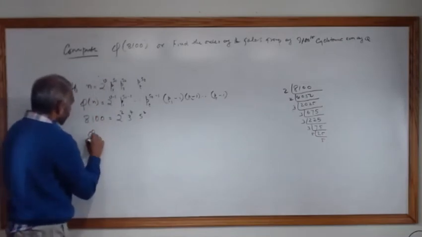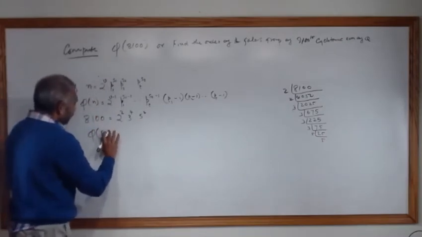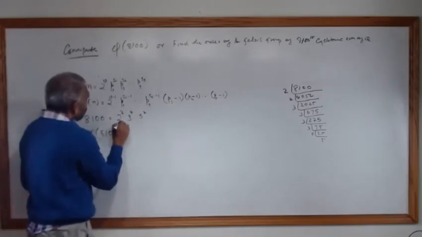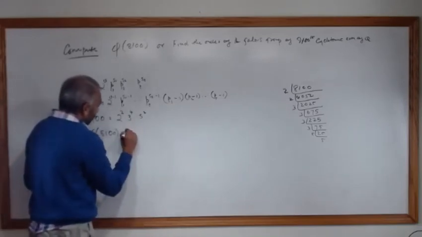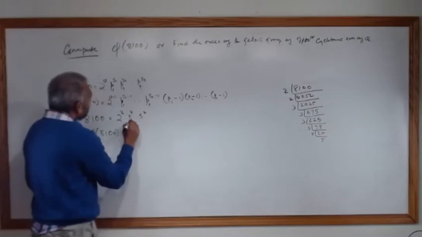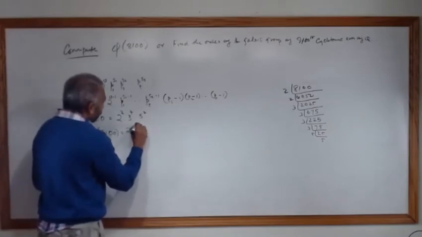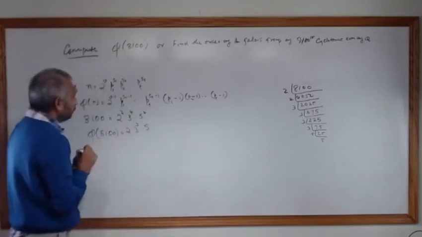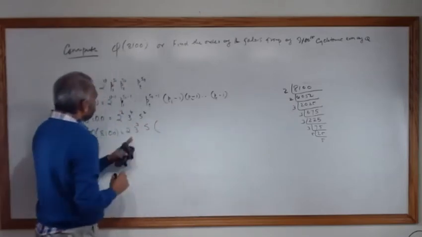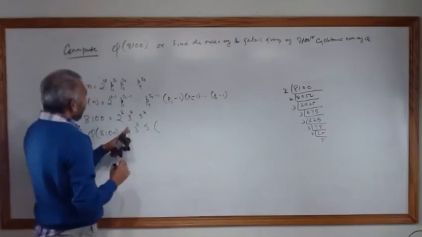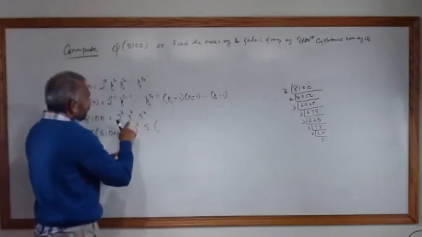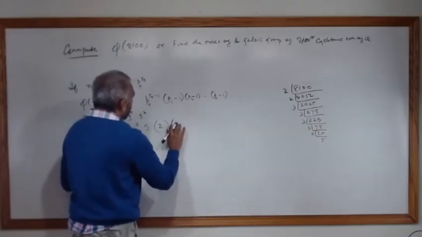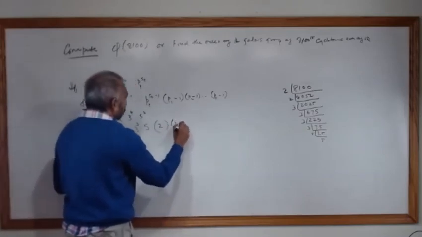So phi of 8100 is equal to 2 to the power of 2 minus 1, that is 2, then 3 to the power of 3, that is 3 cube, times 5, times p1 is 3 minus 1, 2, times 5 minus 1, 4.